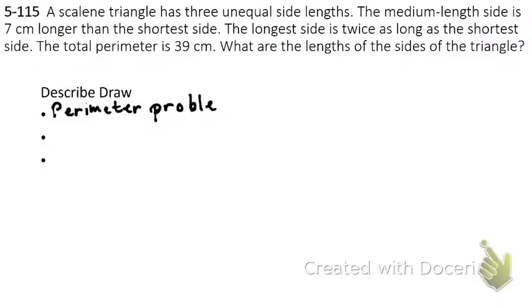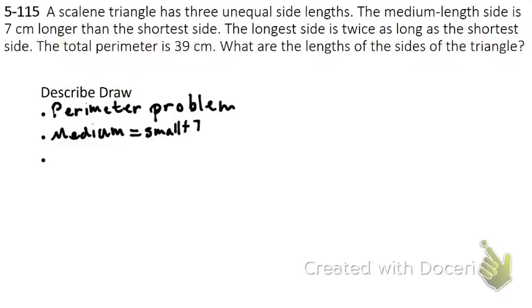Another thing I want to make sure is I've identified what's unique about each side. So we've got a small side that we don't know. We've got the medium, which is the small plus 7 centimeters longer than the shortest side.